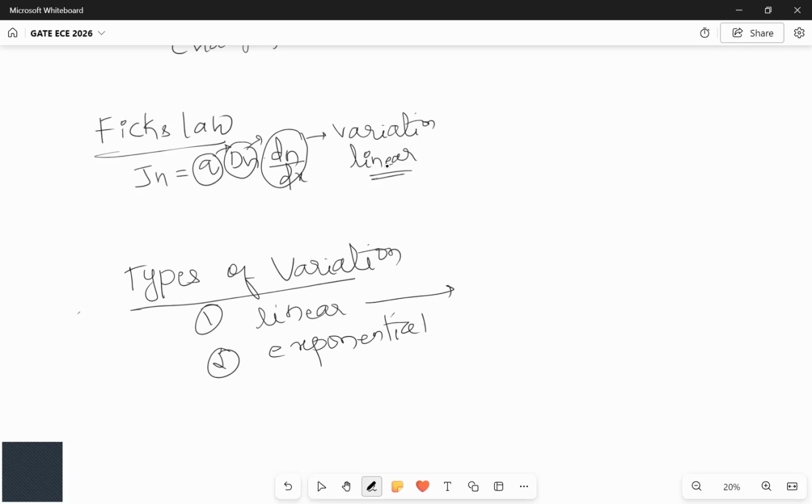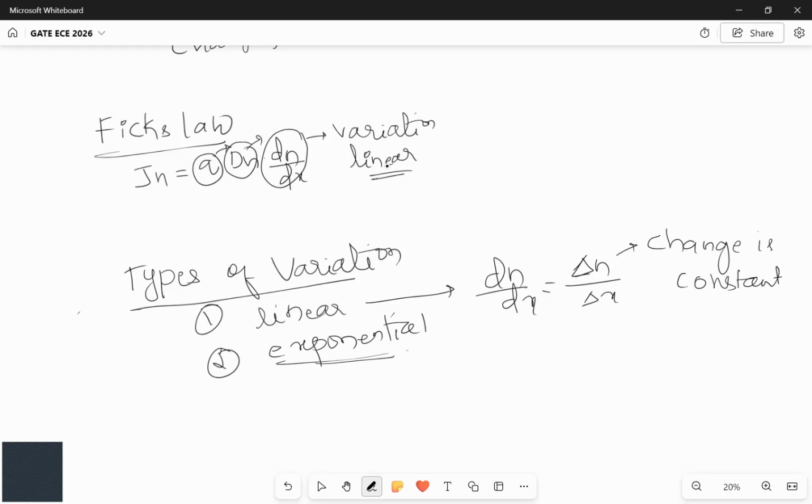In linear variation, dn by dx is just delta n by delta x, as the change is constant or linear.